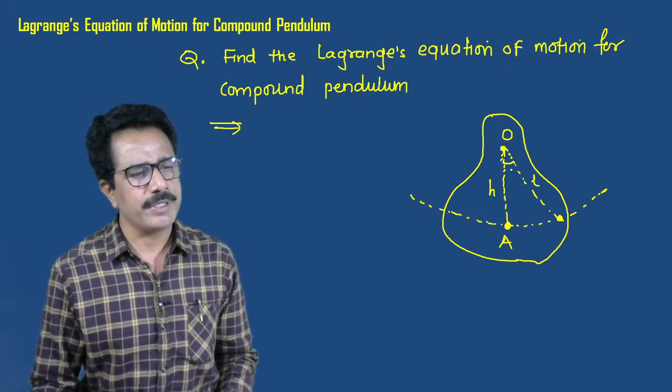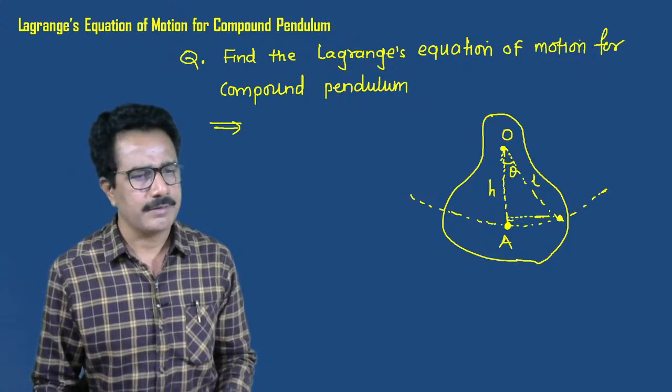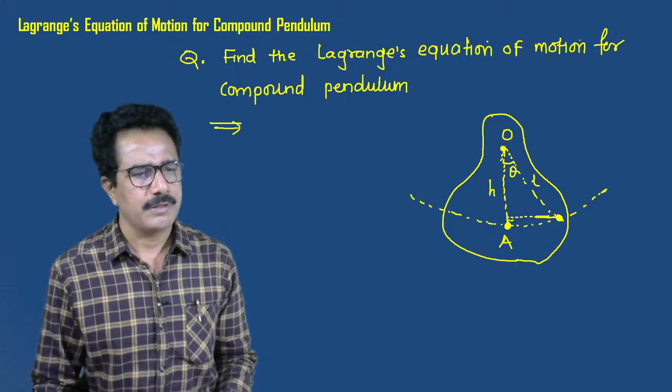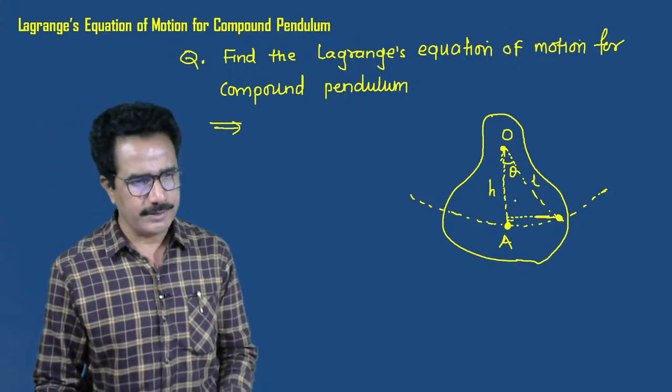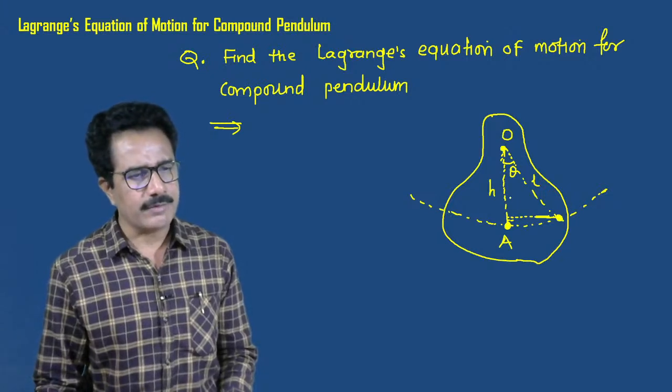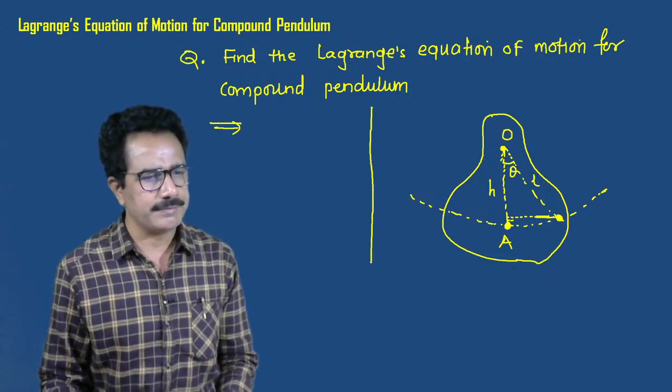L is approximately given by theta. So the height of the pendulum, which is L, we can take as L cos theta. No problem. This is suppose the x axis.